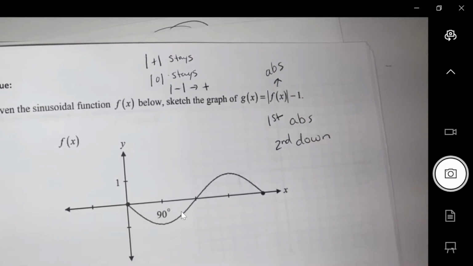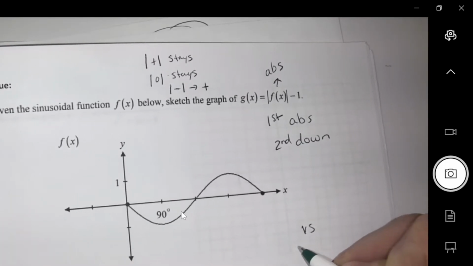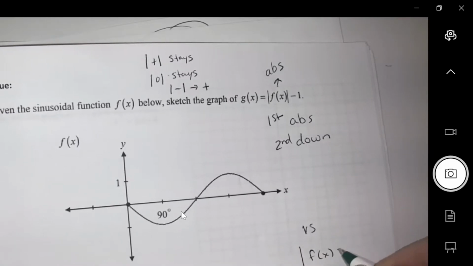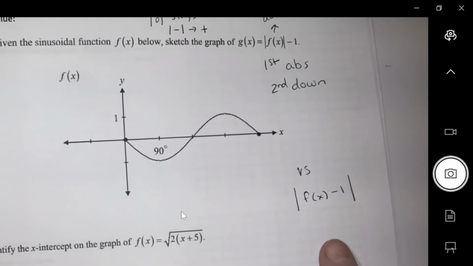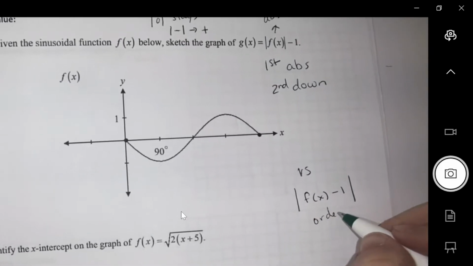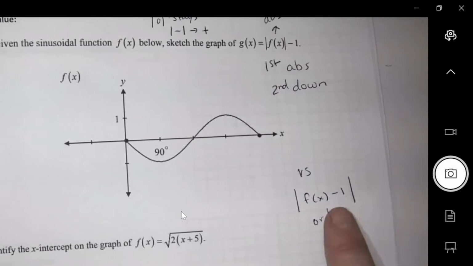Do you know what it would look like in the other way? Versus... right? This order would be the opposite way. Okay? So if you would see that, you would have to go down 1 and then absolute.